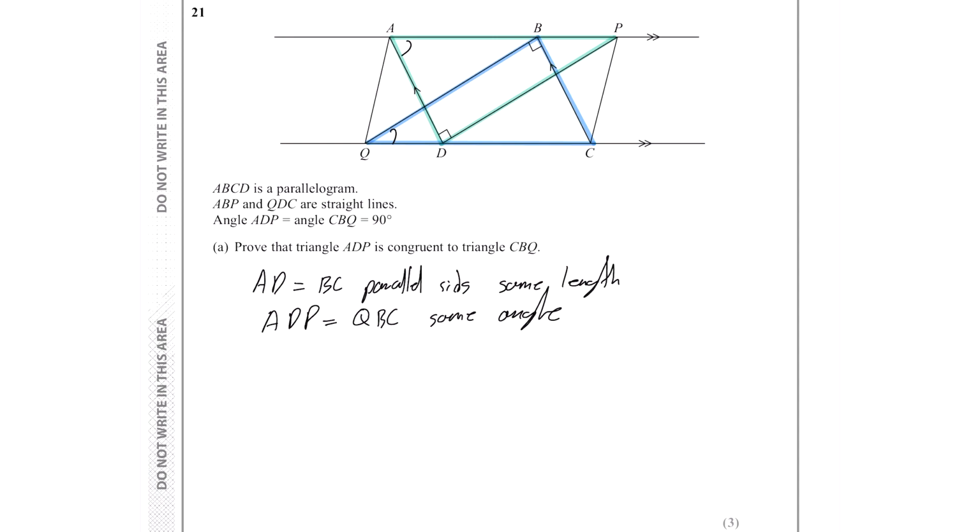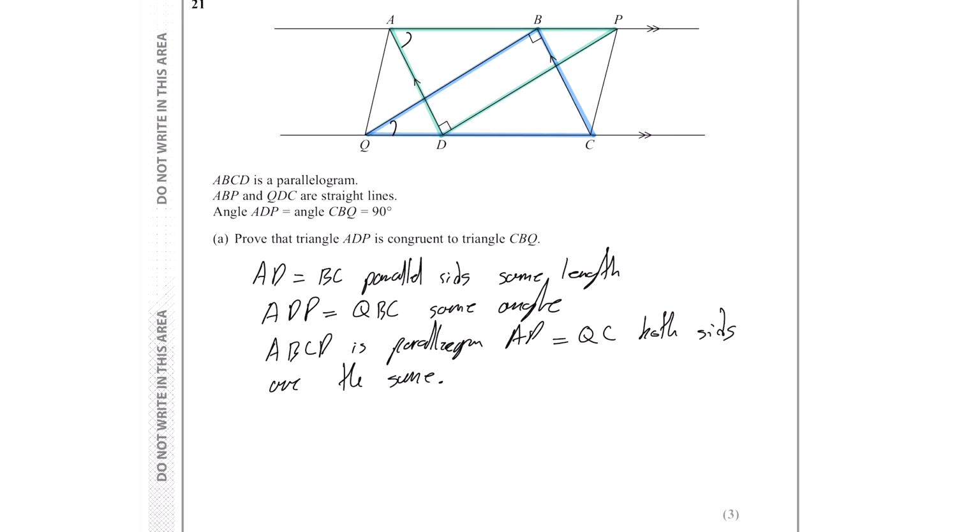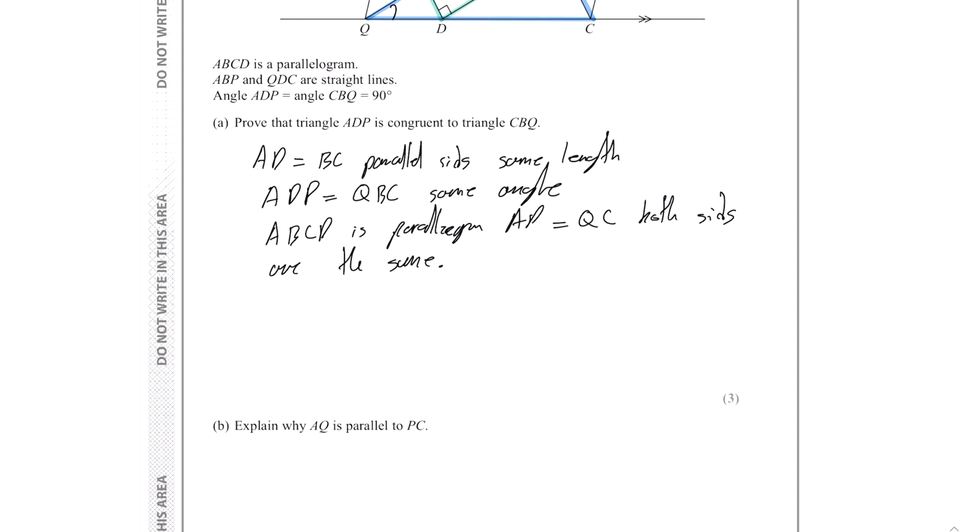And then the other side, that is the same because ABCD is a parallelogram. We can say that AP is equal to QC. So both sides are the same. And yeah, in this case, we have got 2 sides and an angle, so it's a congruent shape.